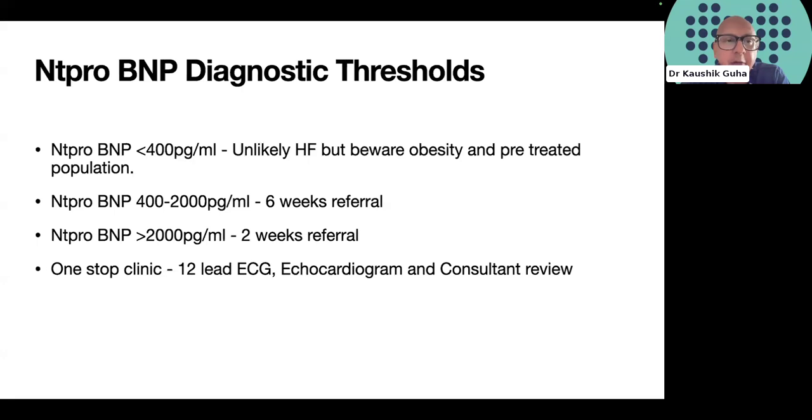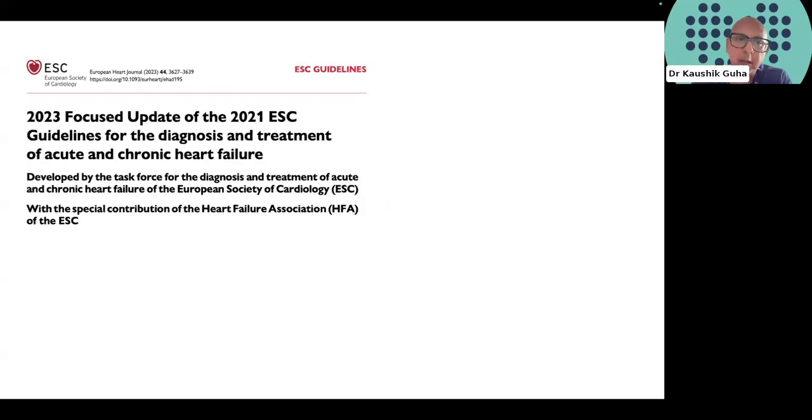We have to be cognizant that an NT-proBNP being raised does not equal that the patient has heart failure, but can be linked with other cardiac conditions such as atrial fibrillation, anemia, valve disease, pulmonary embolus, and therefore the referral, of course, means that the patient needs to be evaluated, but we then need to come to a formal diagnosis.